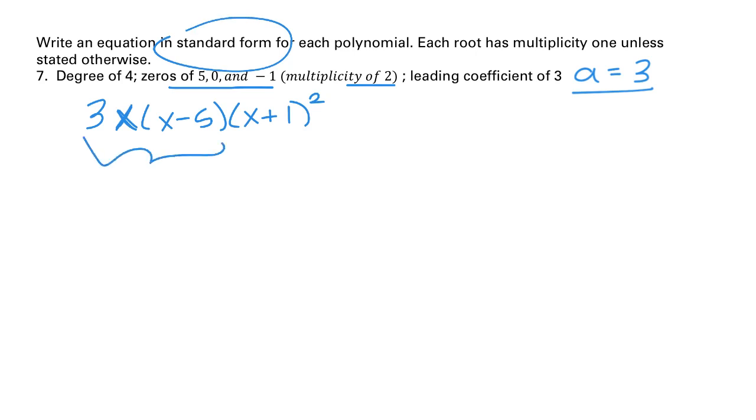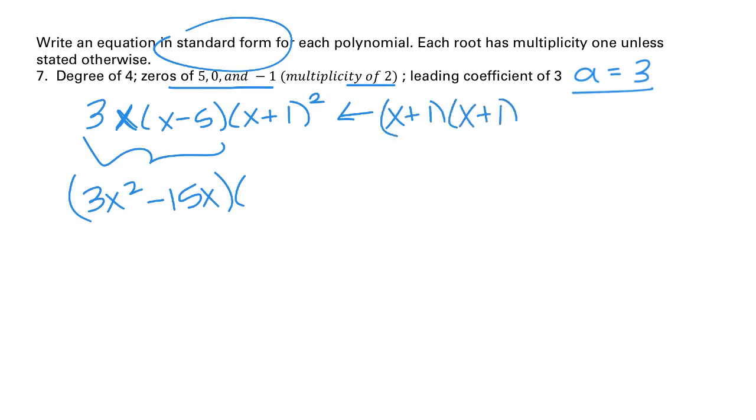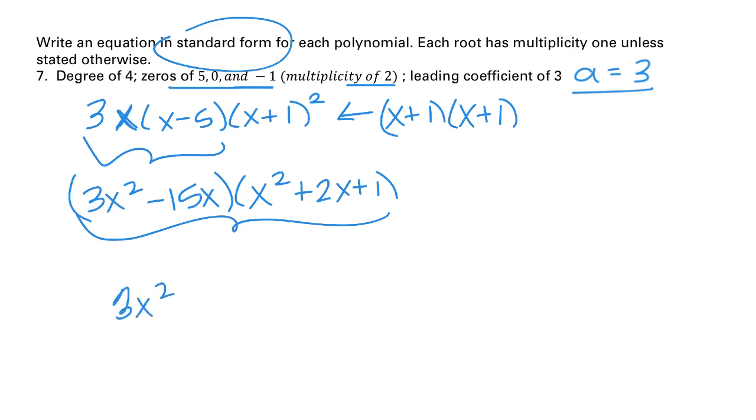I'm going to multiply these two together. And I'm going to go ahead and also multiply out x plus 1 squared. That means x plus 1 times another x plus 1. You could do that in your head, or the area model: x squared plus 2x plus 1. And then now I can multiply these together. I'm going to use the area model.